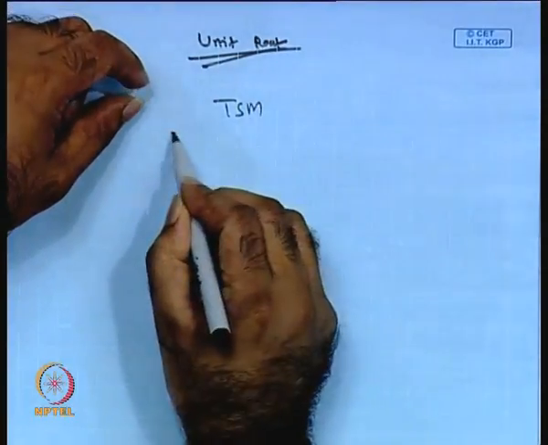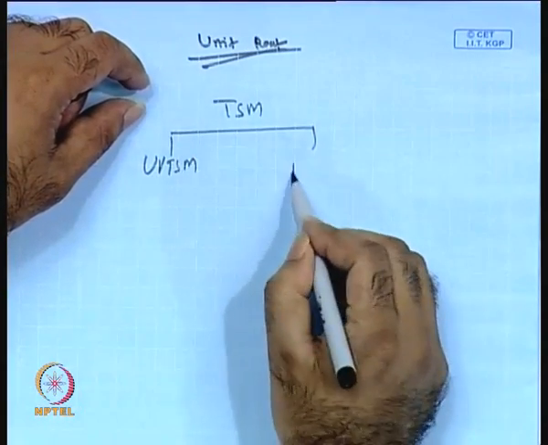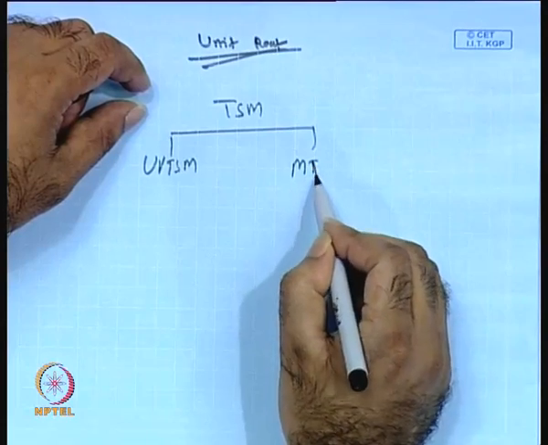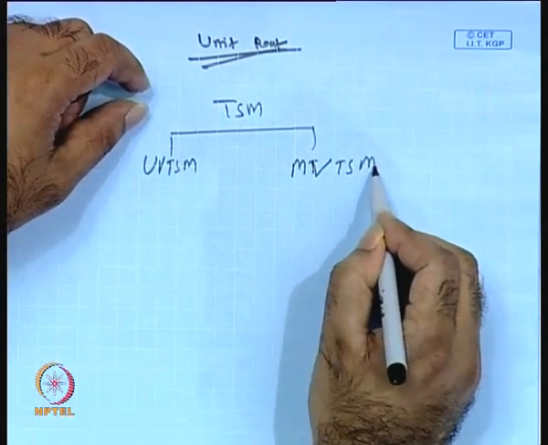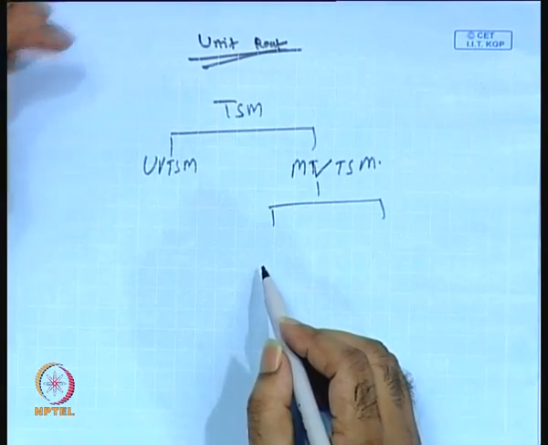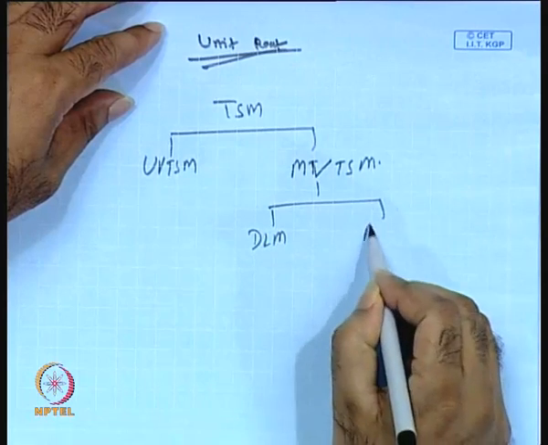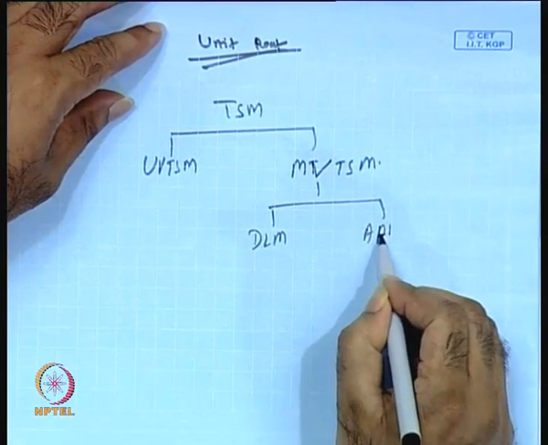So time series modeling is basically divided into univariate and multivariate time series modeling. In the case of multivariate, we have discussed distributive lag models and autoregressive lag models.